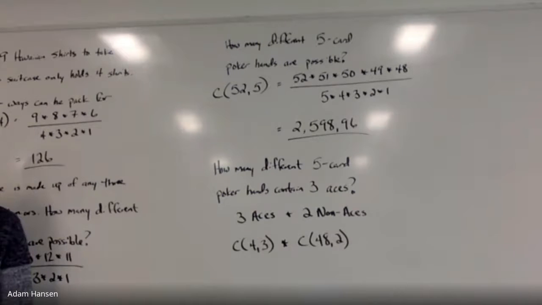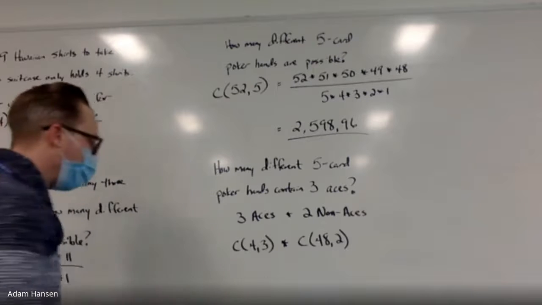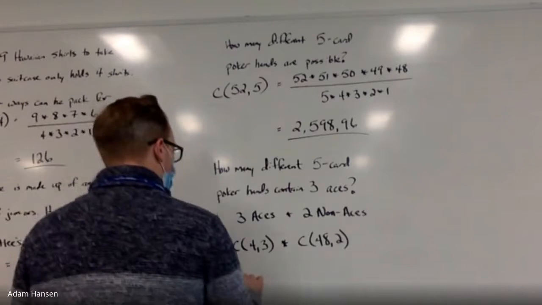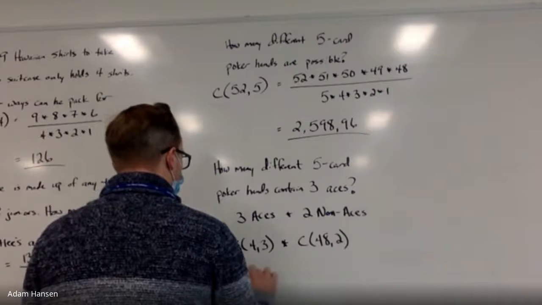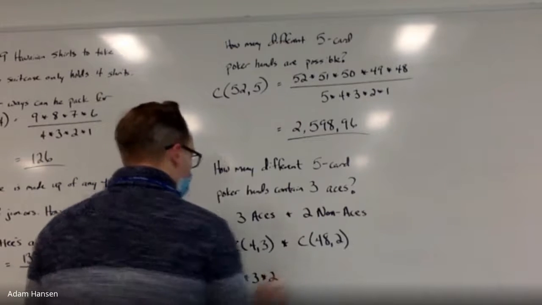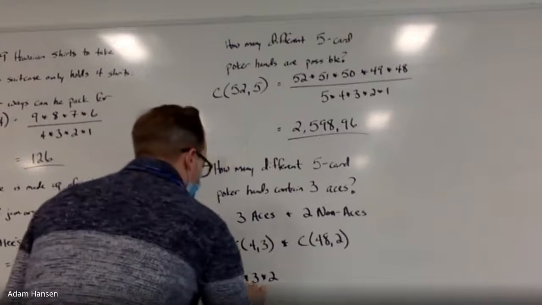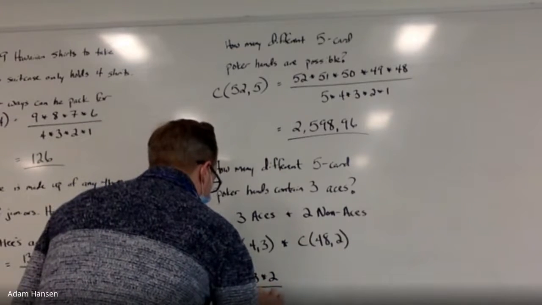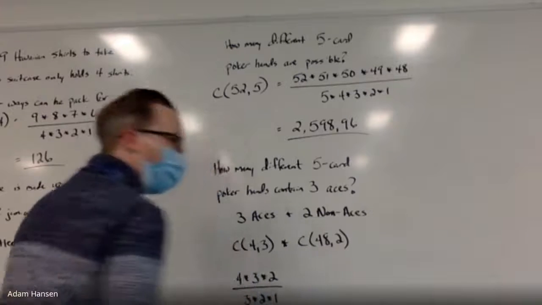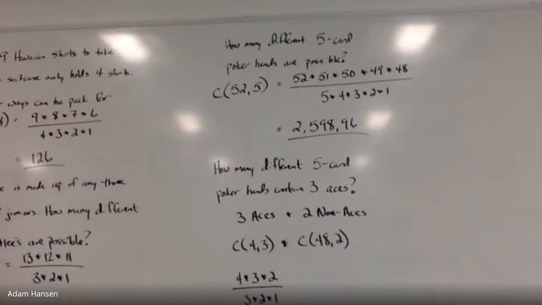I need exactly 3 aces, so the other 2 cards just can't be the other aces. So 4 choose 3 would be 4 times 3 times 2. But isn't that counting too many things? What would I have to divide by? 3 factorial, because I don't want to count the same set of 3 aces more than once.